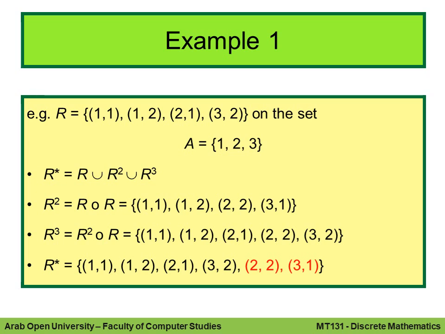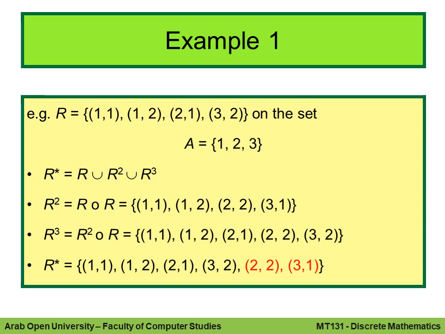You must first find R squared by composing R with itself, and then form R to the power 3, and that's just R squared composed with R, and then R* is just the union of those three relations. This is a relation now that is the transitive closure.